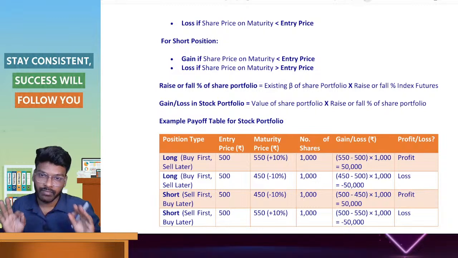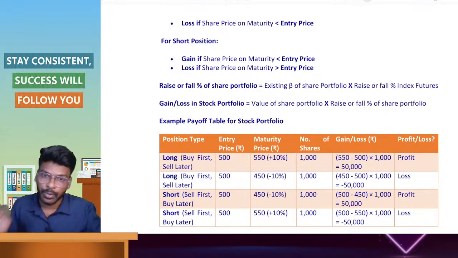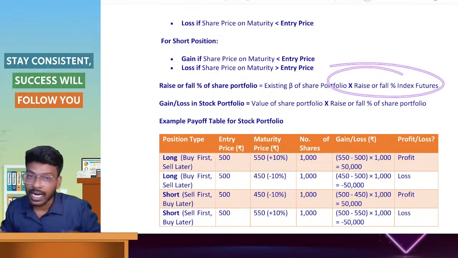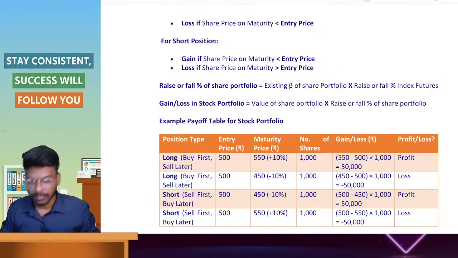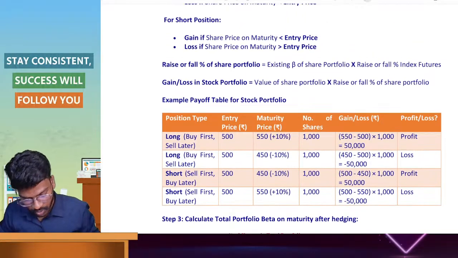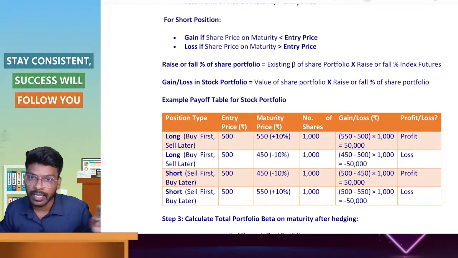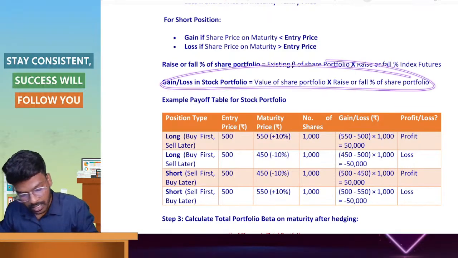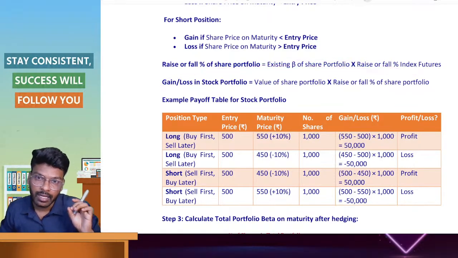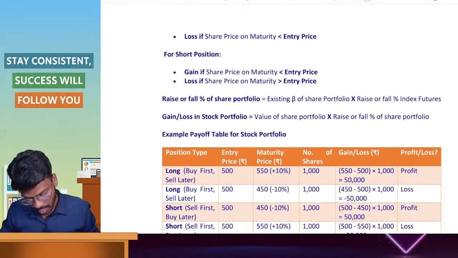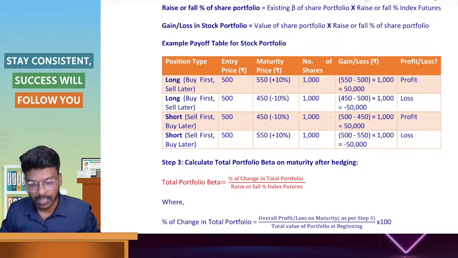If any information is given, then you have to compute the balancing figure, the information which is not available in the question. If you have solved all the questions given in the ICAI, you will get a clear understanding of how to solve the question. It is very easy. You will get 6 to 8 marks if you learn forwards and futures and the hedging.